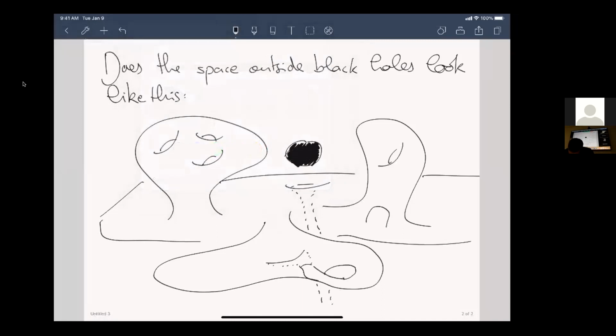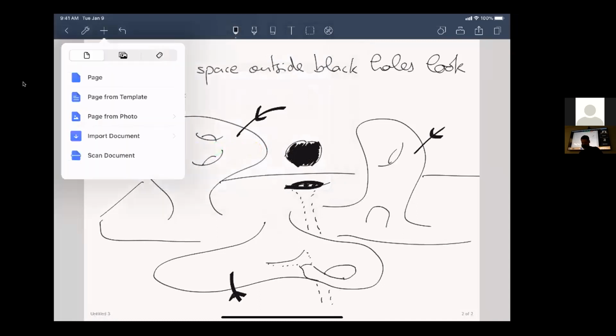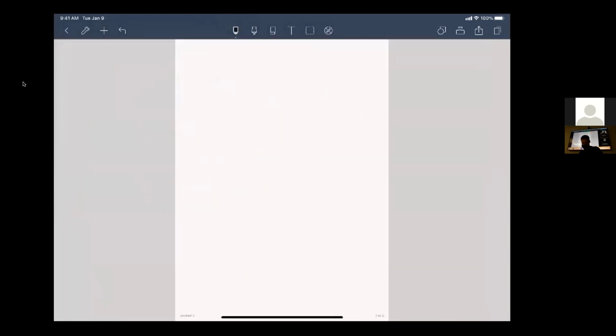And as you can see, it's rather exotic. So here we have some genus. Here we have a handle. Here we have a Klein bottle. And this is our black hole. This is the event horizon, if you will. And here's the potential well that you see. So does the space outside black holes look like this? Or does it look more like this?